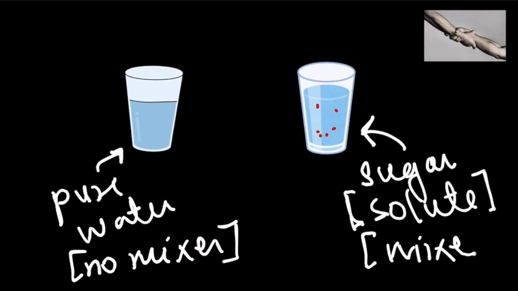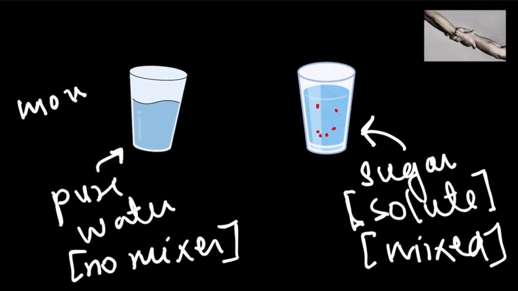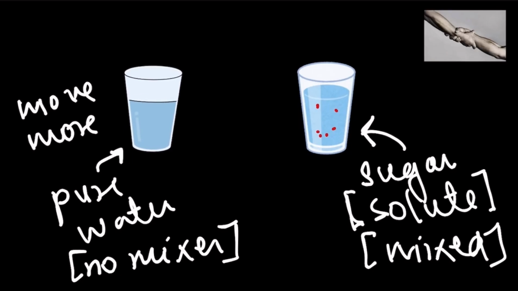Now, why is this important? When you have pure water, the water is able to move more. Nothing is holding it down or binding it. When you look at the other glass with some solute or sugar in it, you can think of it like this image: the solute has got hold of the water or H2O molecule, and it's telling it you're not going to go anywhere.